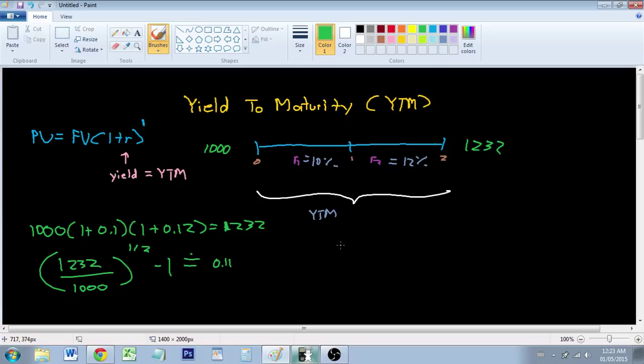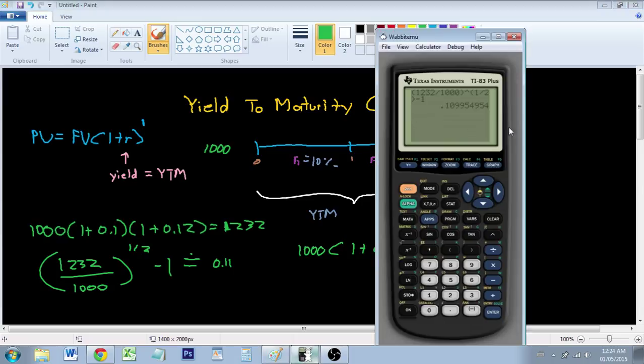Approximately that. Now just to verify what that means: if we put in this amount of money, $1,000, and we multiply it by 1 plus our interest rate, we should equal the amount of money that we get out of it.